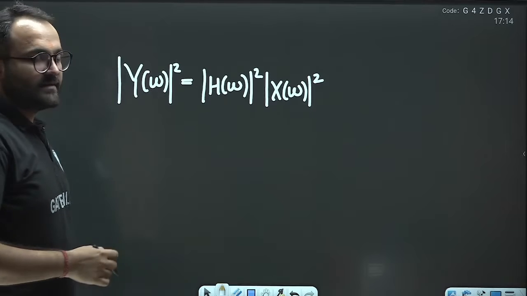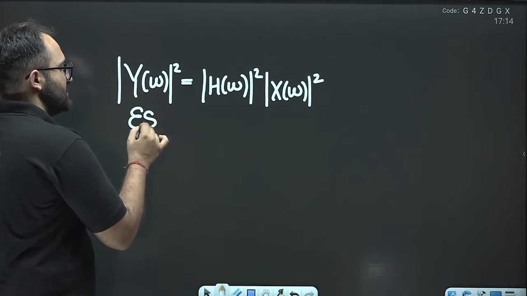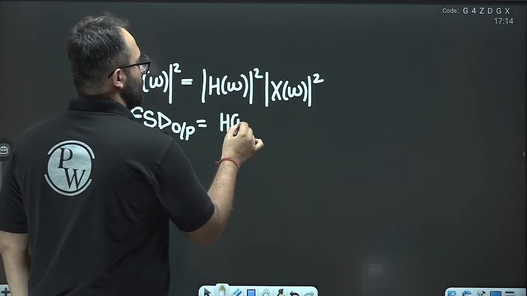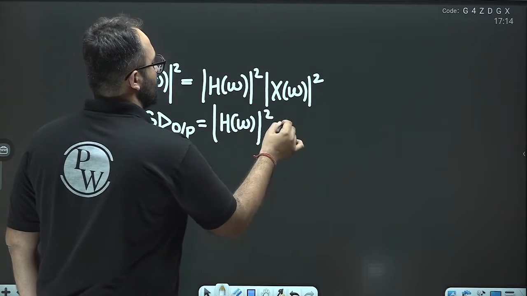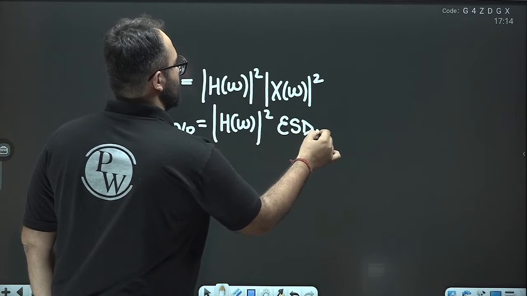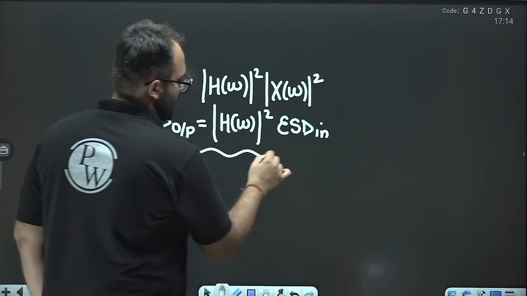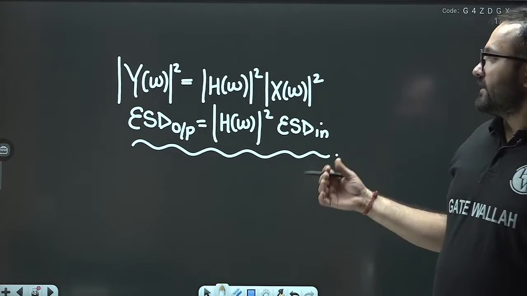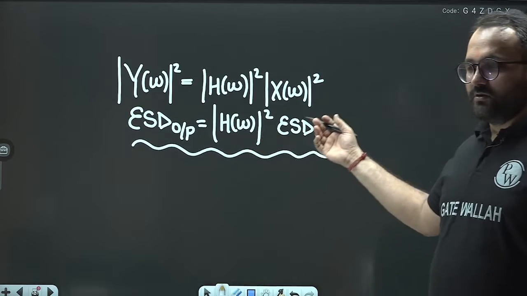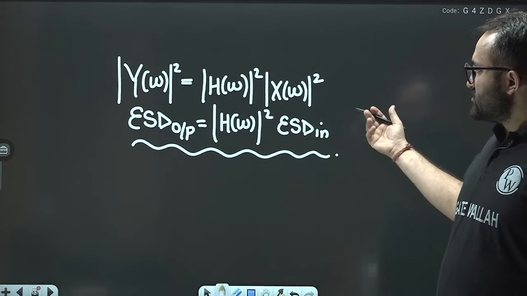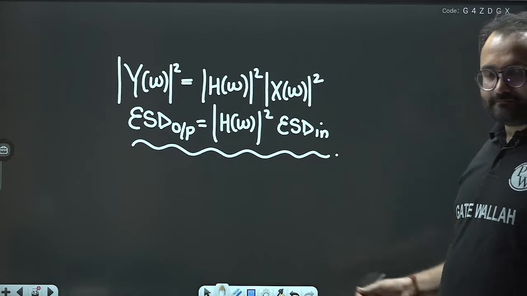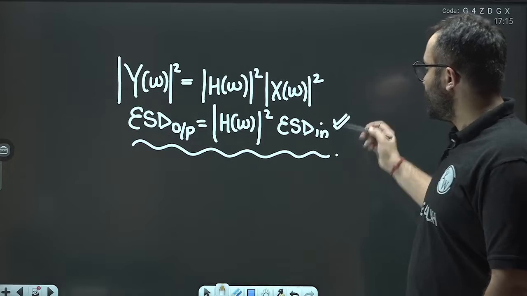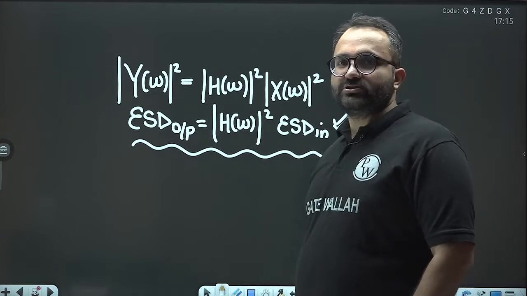So we can say that the energy spectral density of the output is equal to mod of H omega whole square multiplied by the energy spectral density of input. So this equation is important, that whenever we want to find out the energy spectral density of the output, that is simply equal to the energy spectral density of input multiplied by mod of H omega whole square.